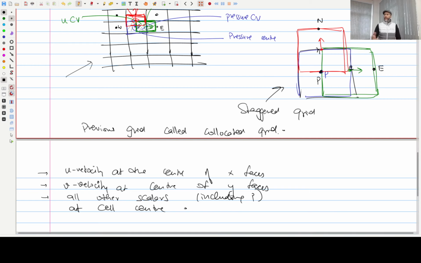Co-located means everything is located at the same cell: pressure, u velocity, v velocity, all in the same cell. That's co-located, and what we are discussing here is called a staggered grid. What we'll see is that with the use of this staggered grid, it will avoid the pressure and velocity decoupling problem that we were getting earlier.